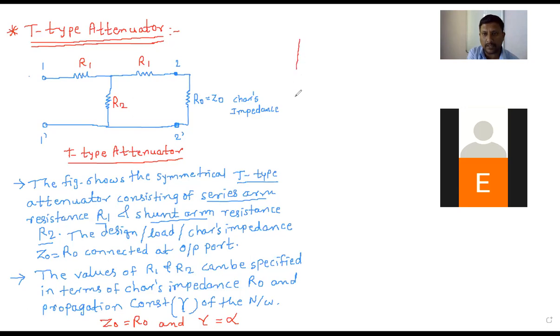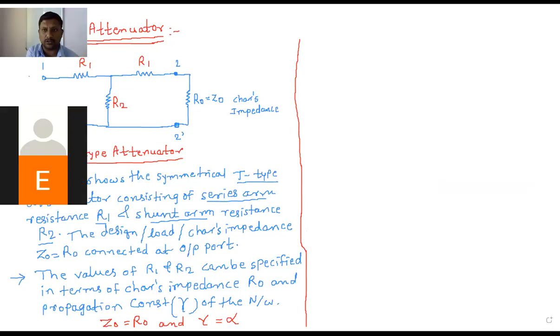Why are we taking this point? Anyone remember the definition of propagation constant? It measures what?